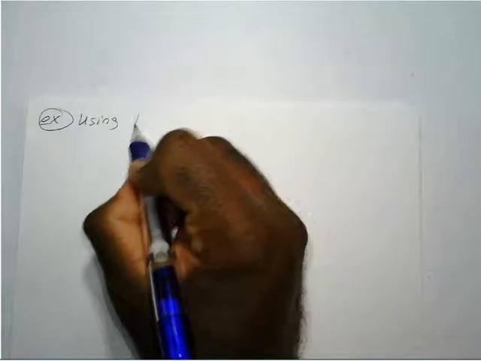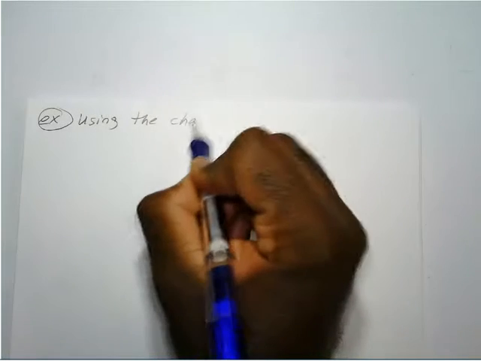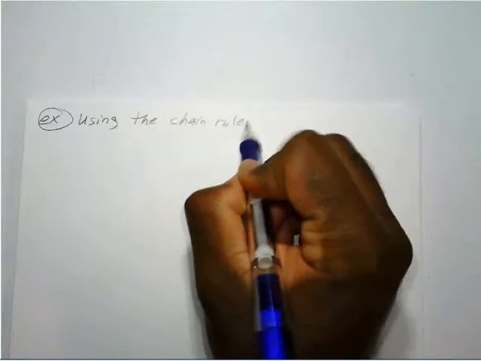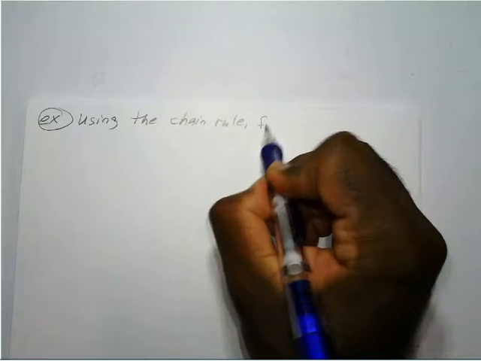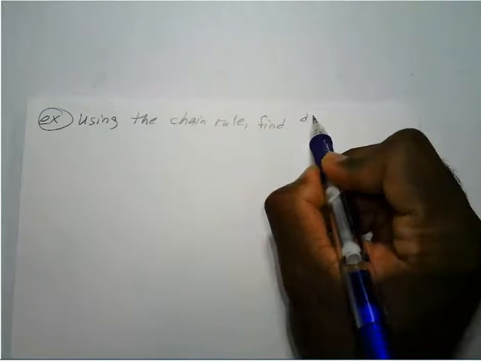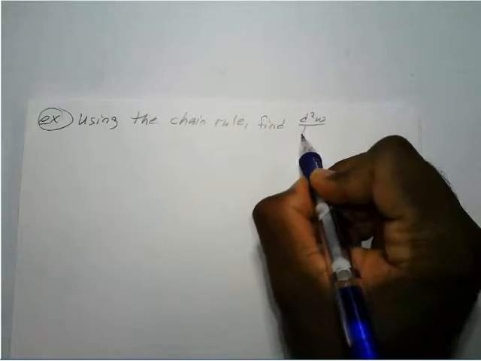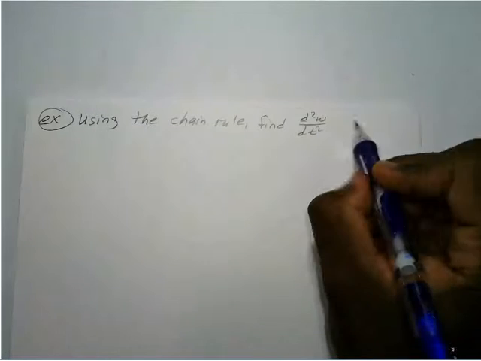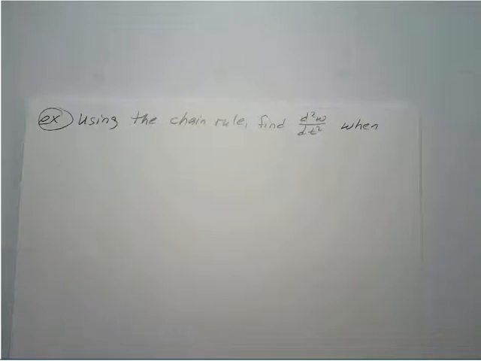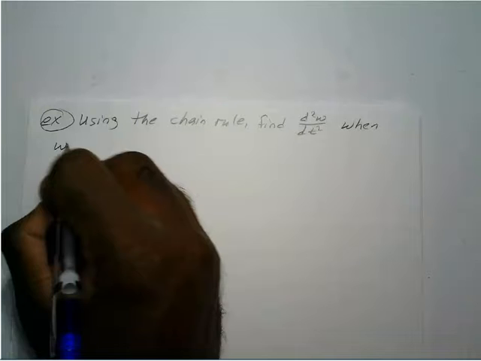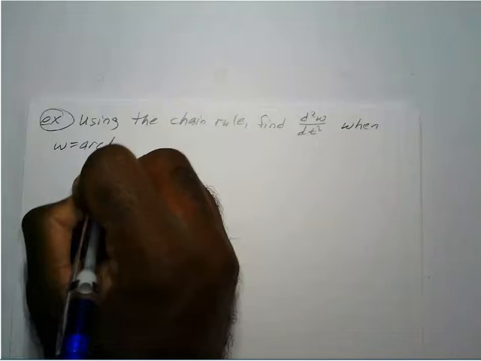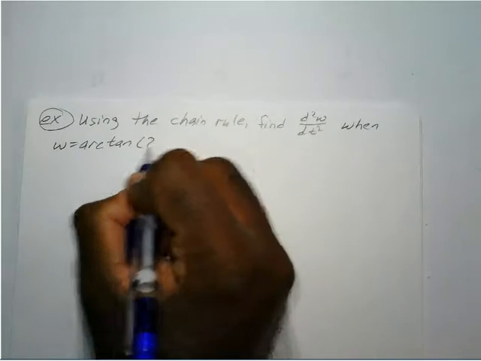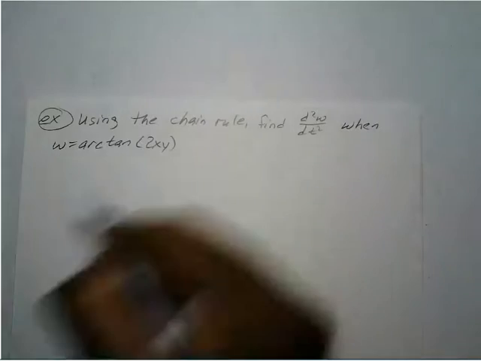Okay, so again, using the chain rule, we want to find the derivative of w with respect to t when, let's say, w is equal to the arctangent of 2xy.